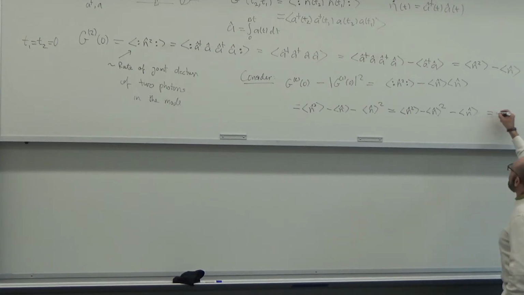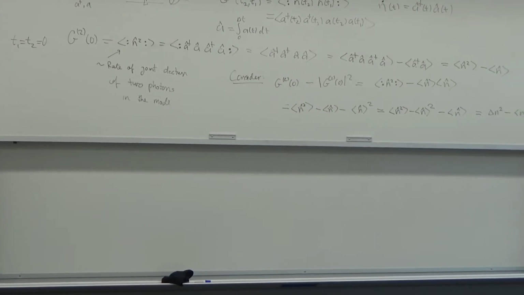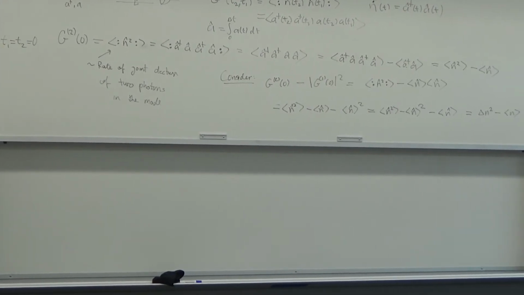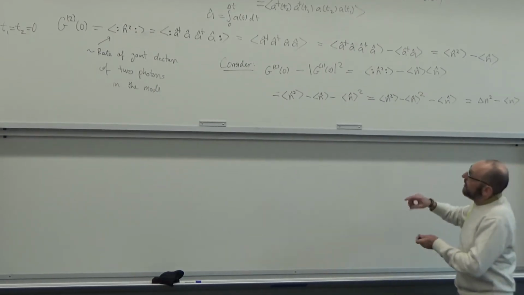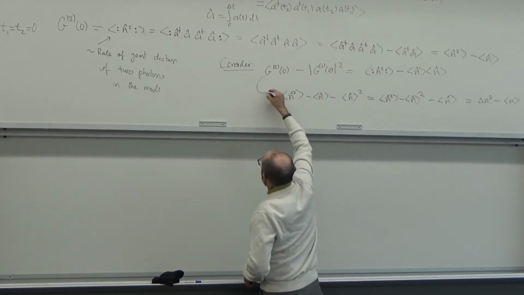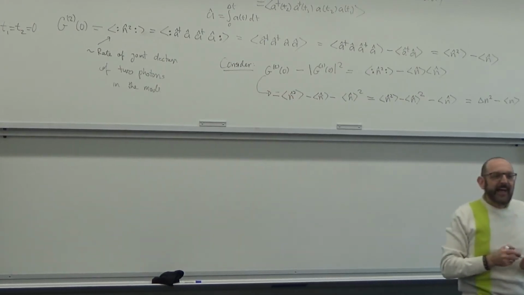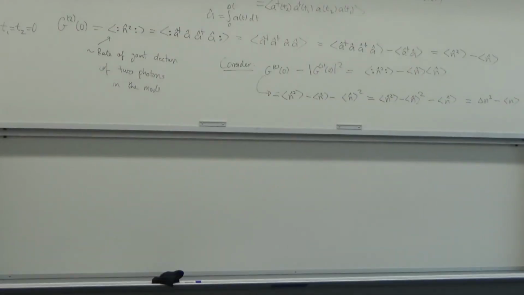Or it's equal to the fluctuation in photon number associated with that state compared to the mean n. So that's equal to this. What does that mean?